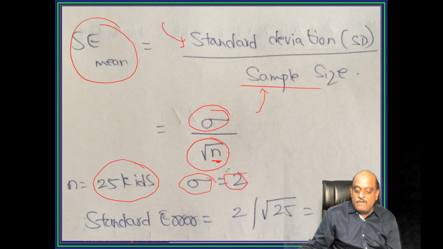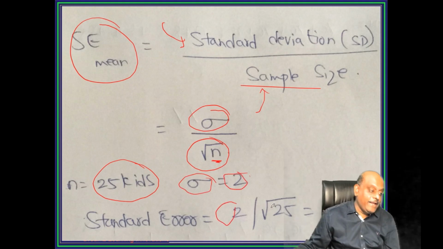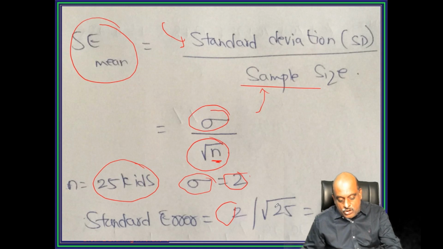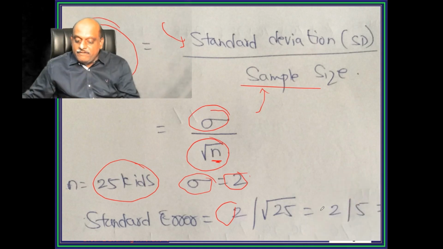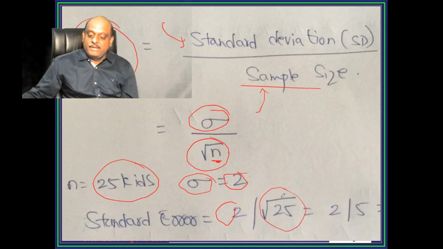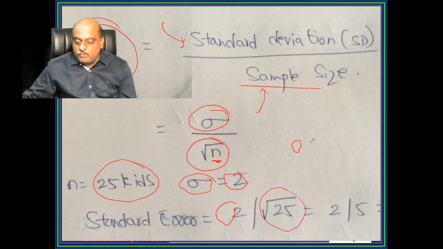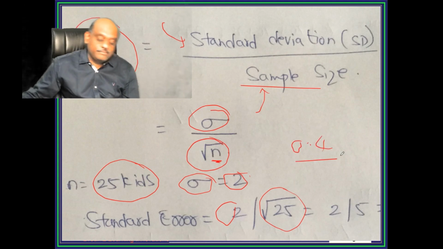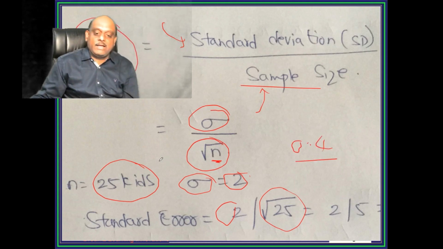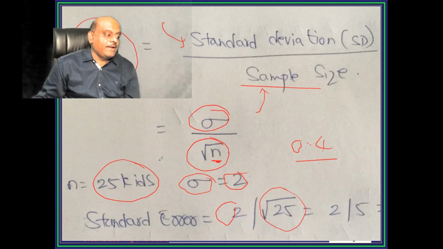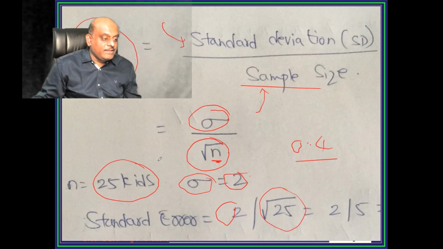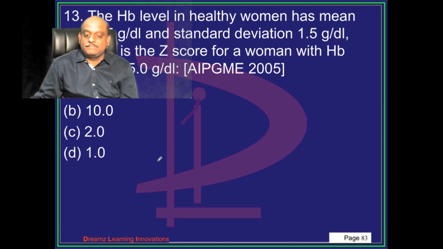Standard deviation is given as 2. So 2 divided by square root of 25 is 2 by 5 is equal to 0.4, is what you have to remember is the standard error of mean in this given sum.